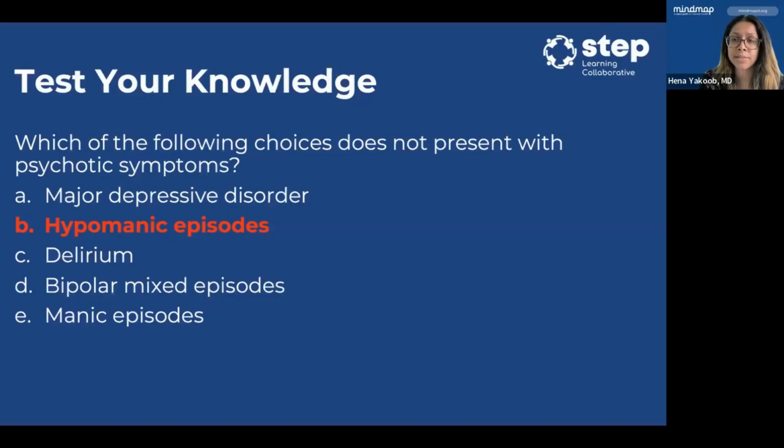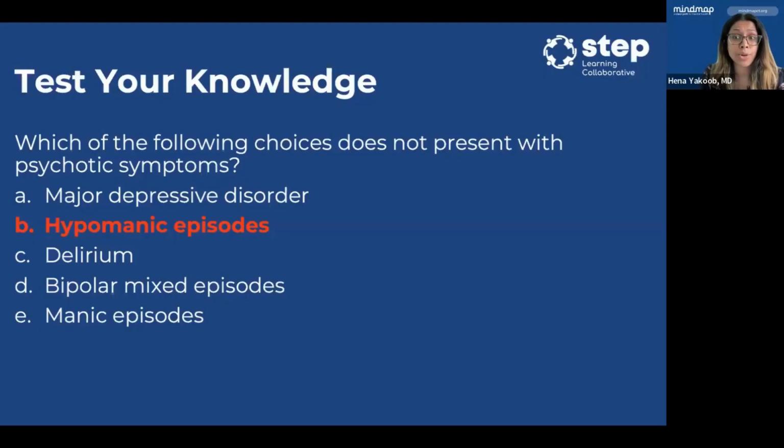Classically, if there are any psychotic features in a mood episode, like within a potential manic or hypomanic situation, then the mood episode would be considered mania. All of the other answer choices could have features of psychosis. One that is not listed that could also have features of psychosis is actually dementia as well.